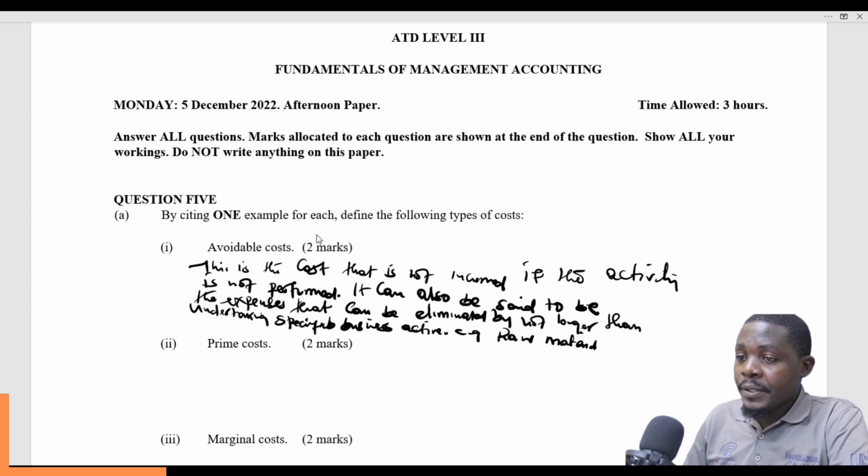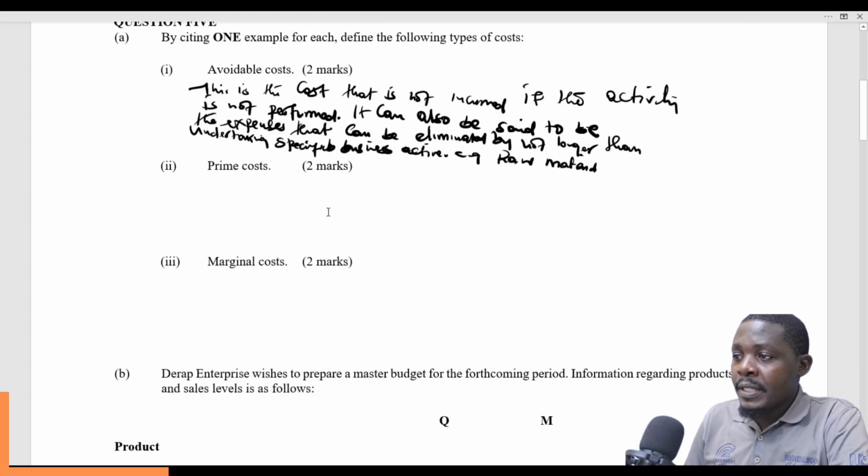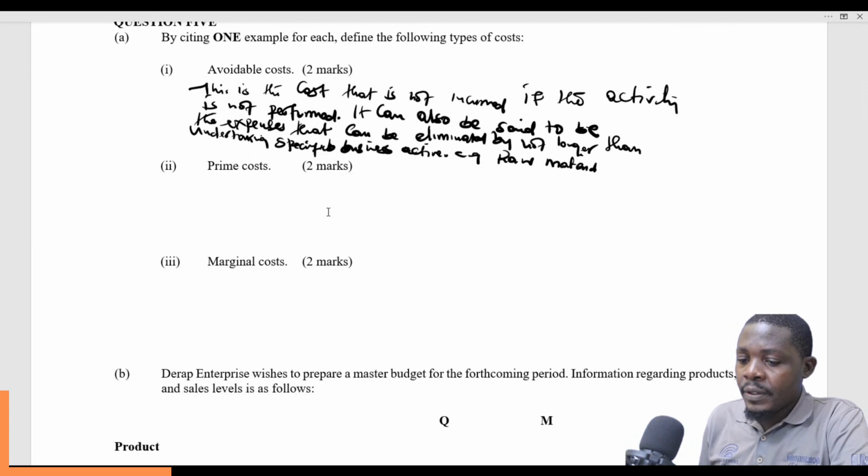And then prime cost. Prime cost, we shall say, is the aggregate of the total direct costs.